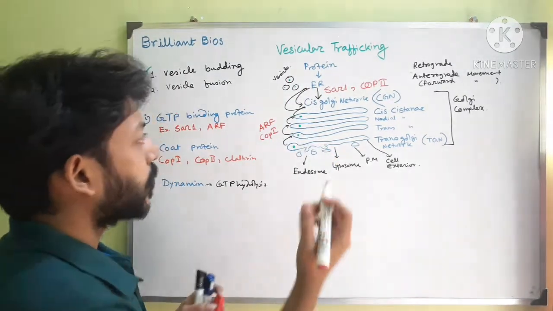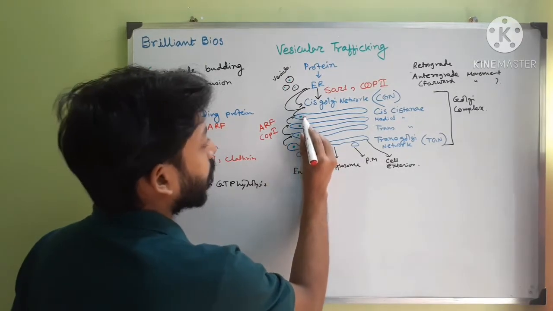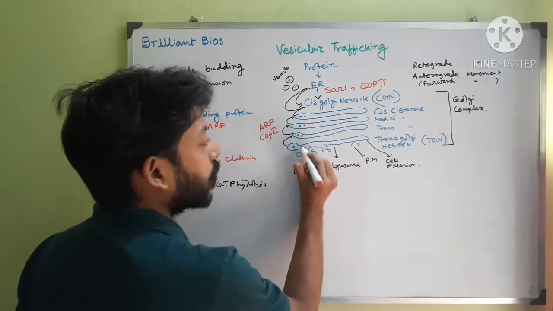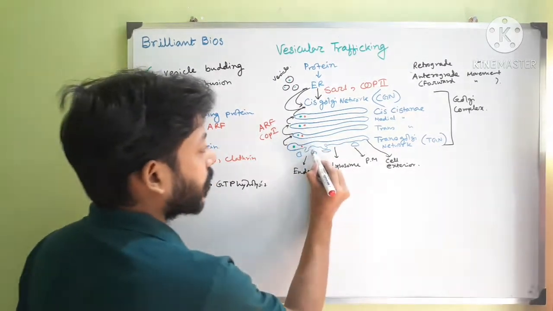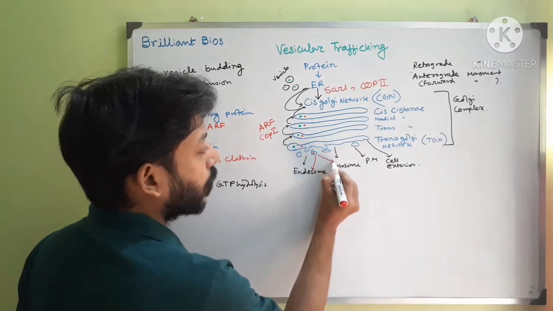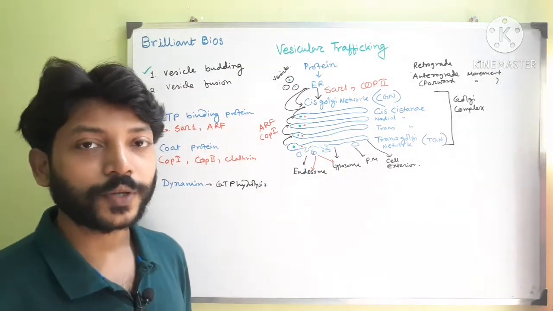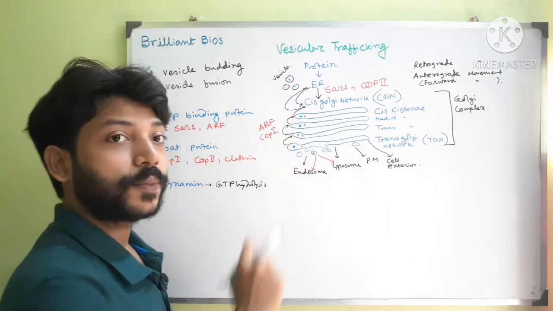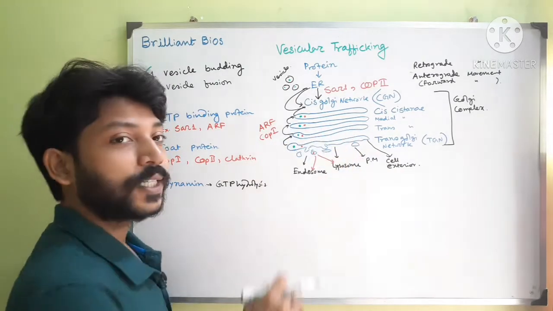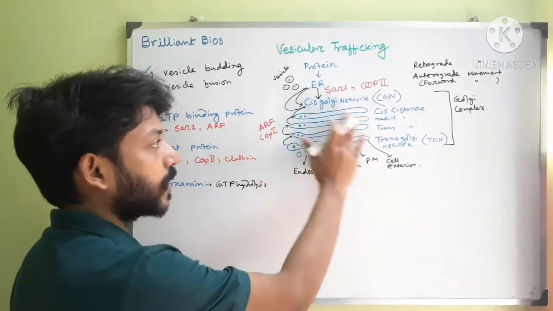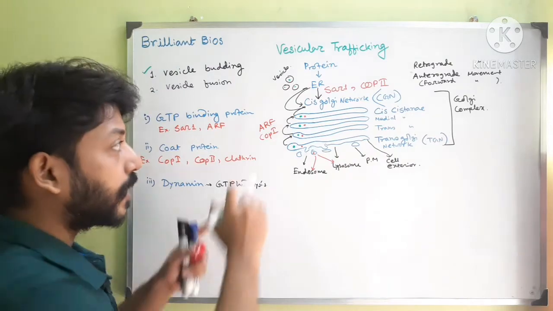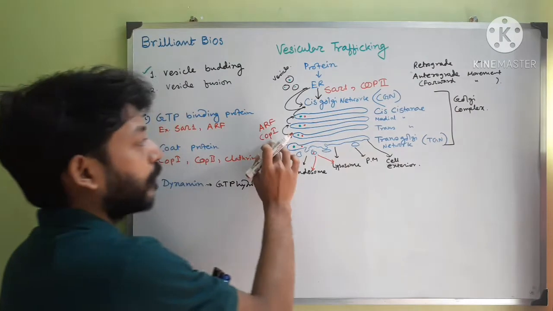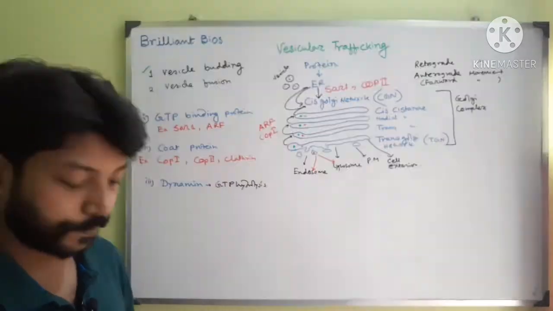Let's suppose these red color proteins are lysosomal proteins. If these lysosomal proteins enter this site, this is totally right. These vesicles will fuse with the endosome or directly with the lysosome. But if this green endoplasmic reticulum protein enters inside this Golgi, it should be retrieved because it should not be present in this Golgi complex. That retrieval process occurs by retrograde movement with the help of ARF and COP1 protein.